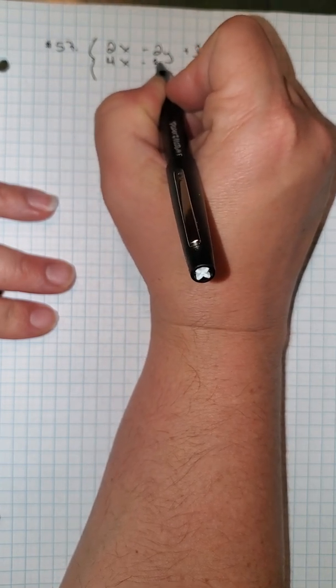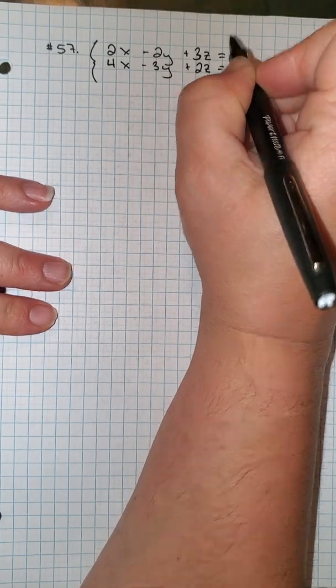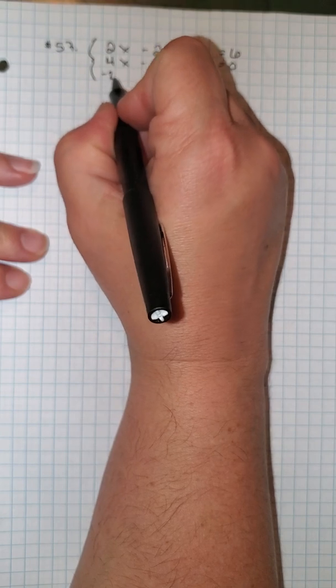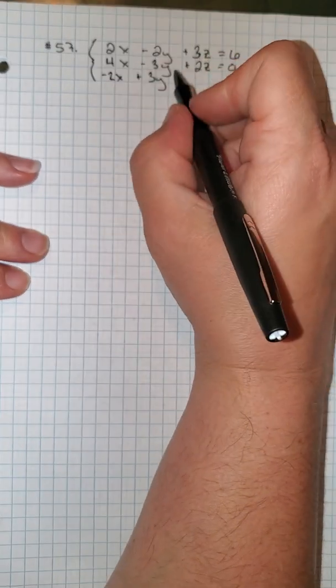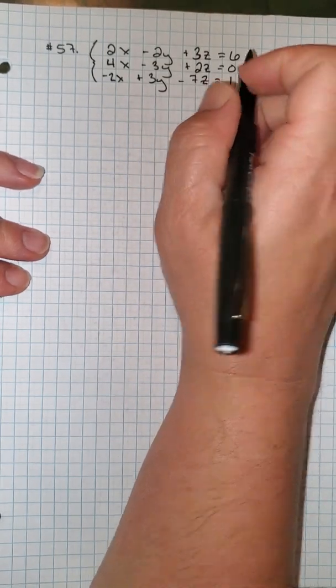4x minus 3y plus 2z equals 0. And then negative 2x plus 3y minus 7z equals 1.